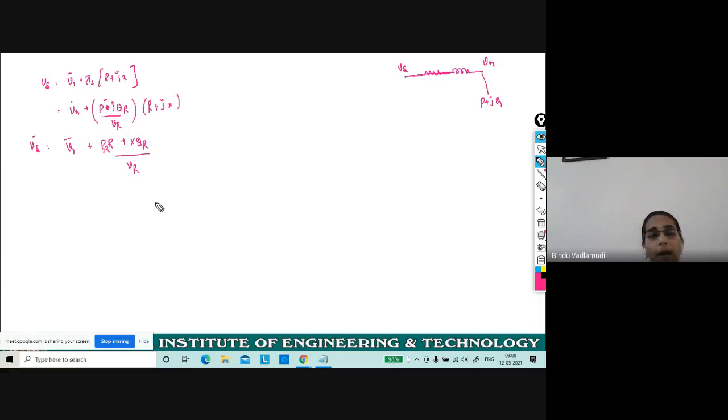From this, can I write Vs bar minus VR bar is equal to (PR into R plus X into QR) by VR?